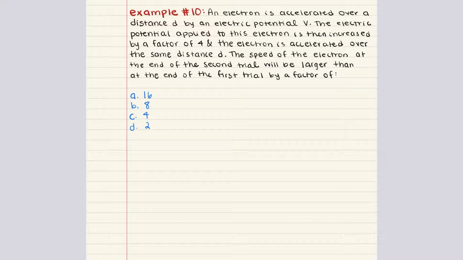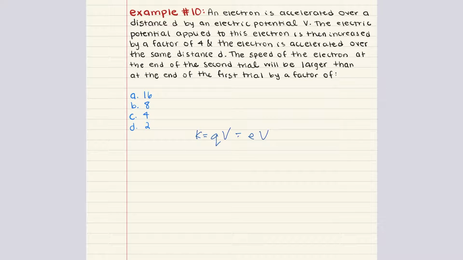Now, when a charged particle, like an electron, is accelerated by an electric potential, it gains kinetic energy. And the kinetic energy gained by the electron is related to the electric potential V as it travels through it. We've seen this formula before, QV for kinetic energy, but here we're dealing with an electron, so we can actually just write eV.